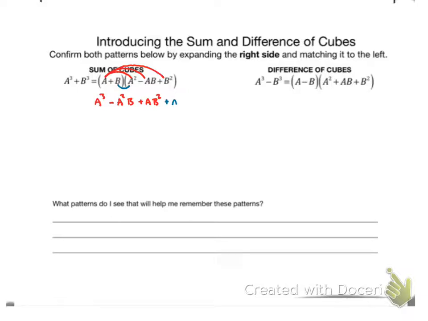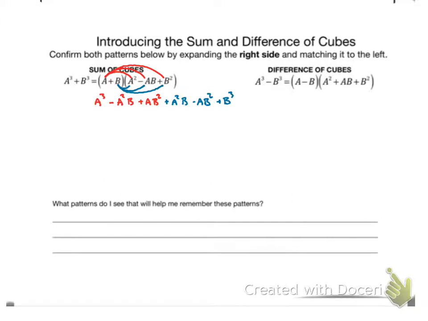I'm going to write plus a squared first and then my b, only because I want it to be consistent with that, because it'll help when we combine our like terms. So b times negative ab is going to be negative ab squared, and then we have b times b squared. That gives us b to the third.